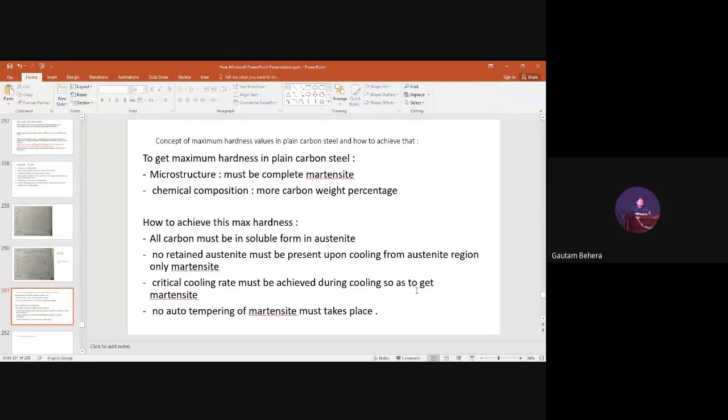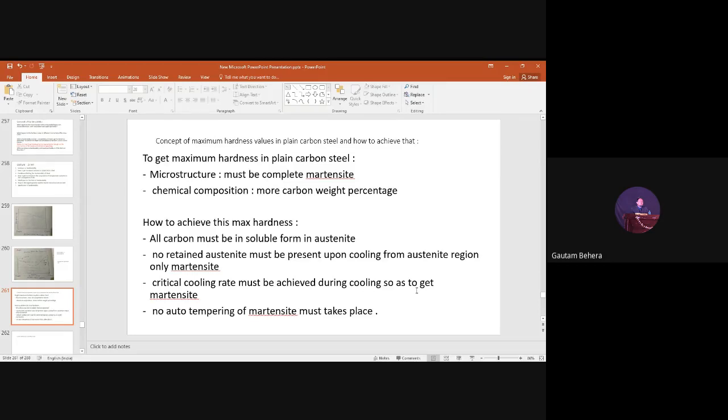So you have understood that if we want maximum hardness in plain carbon steel, we should have a 100% martensitic microstructure, and we should have what? A higher carbon weight percentage, because the higher the weight percentage of carbon, the higher the hardness. There should be no auto tempering, because then hardness will reduce.